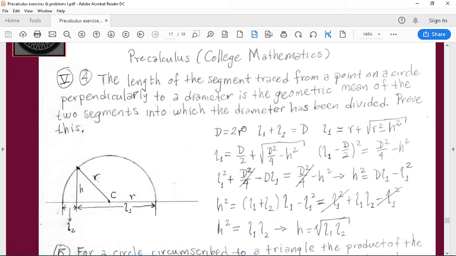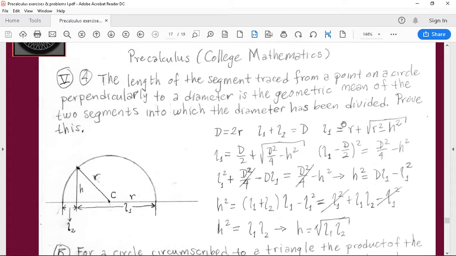Okay, so we know that being d the diameter of the circle, d equals 2r, where r is the radius of the circle. So we have that L1 plus L2 equals d, the diameter of the circle, which equals 2 times the radius.